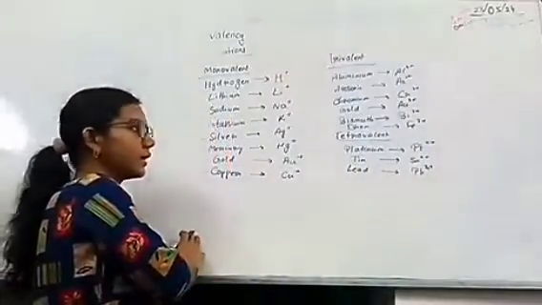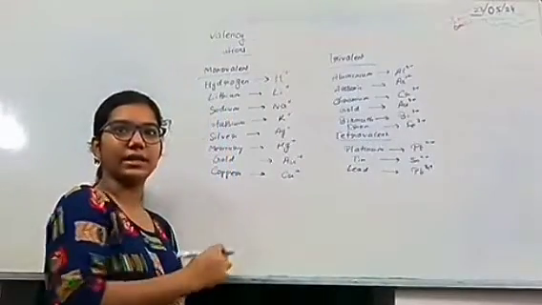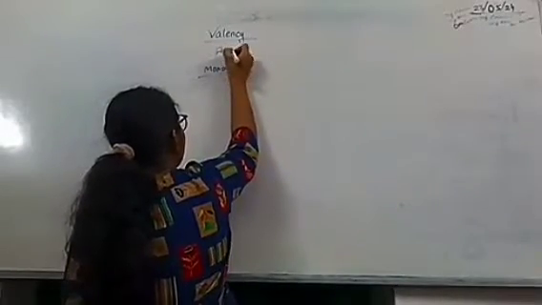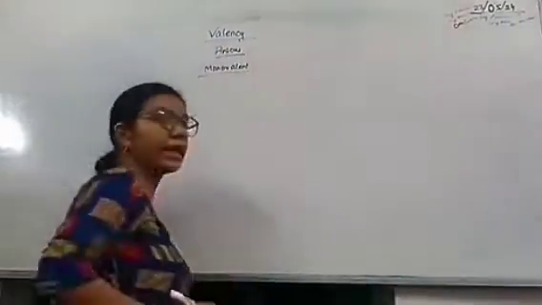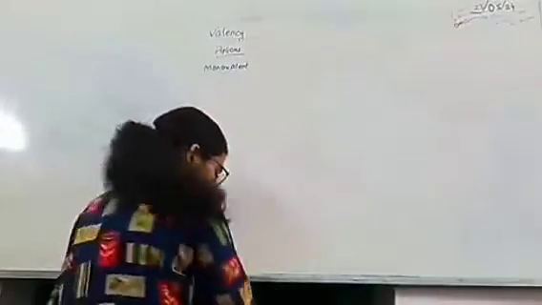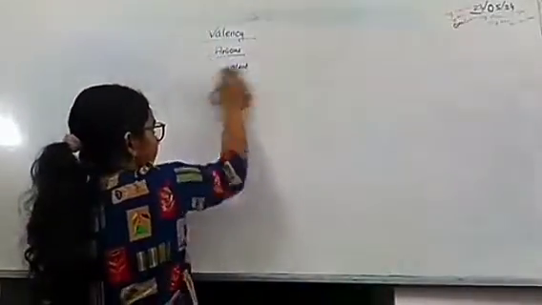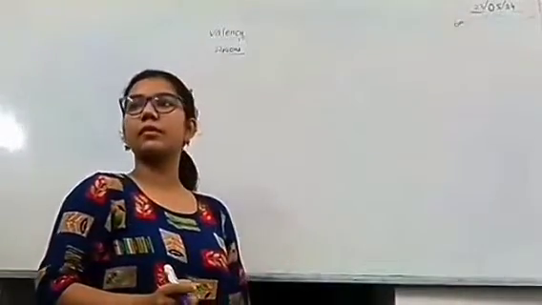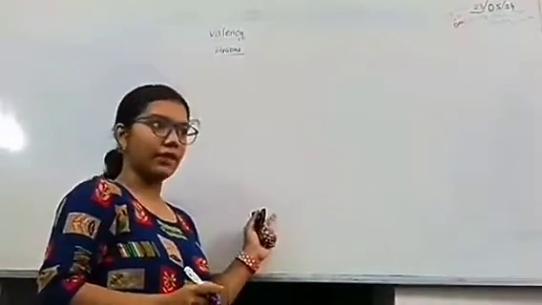If that is done, then we will move on to the anions. Now with anions, the thing is just the opposite. Most of the anions are monovalent. So we will discuss only the divalents.